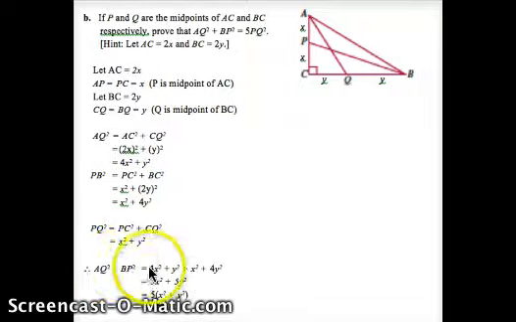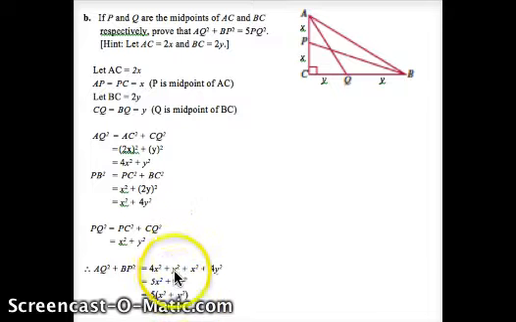If we look down at the bottom of the page here, we can see that AQ squared plus BP squared is 4x squared plus y squared, which is up there, plus x squared plus 4y squared. If we combine like terms, we've got 5x squared plus 5y squared. Now we can see that 5 is a common factor there, so we pull out the 5, leaving x squared plus y squared in the brackets.